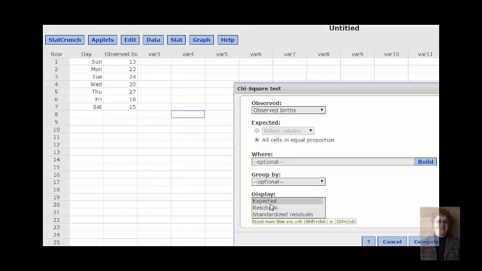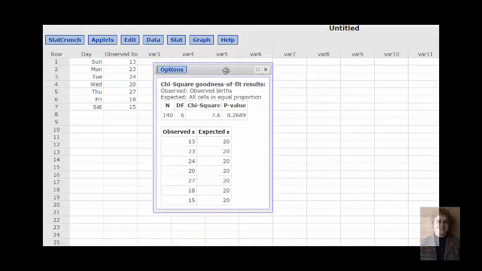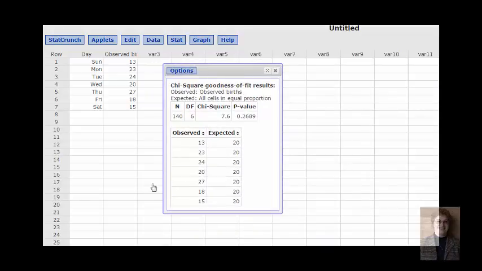And I want to display those expected counts, and let's go ahead and compute. Here is my data. Notice I had 140, my degrees of freedom was 6, my chi-squared statistic was 7.6, and my p-value is 0.2689. And notice I have my observed and my expected counts.